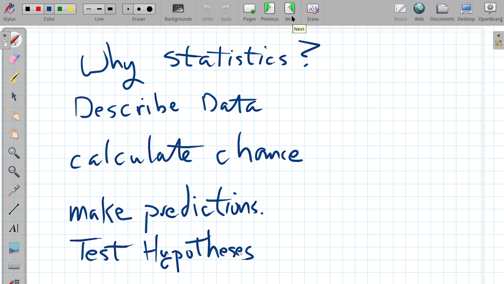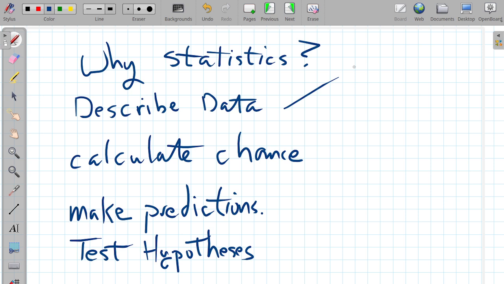Why statistics? I should have probably flipped to this slide earlier, because I've kind of already moved into that topic. But we use statistics, as I mentioned, to describe data. And let's face it, if you're just running a numbers system, a data collection system, you're just going to end up with a list of numbers, and you got to have some way to compare them.